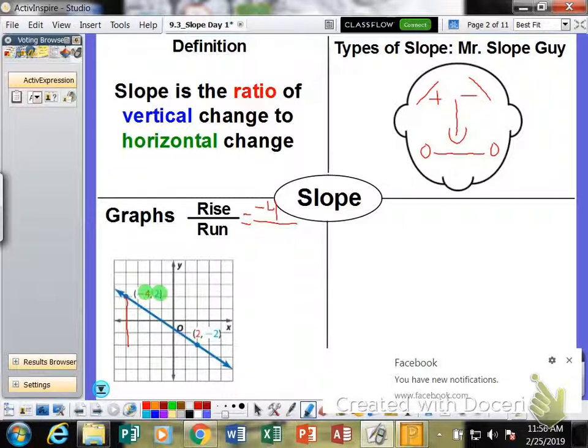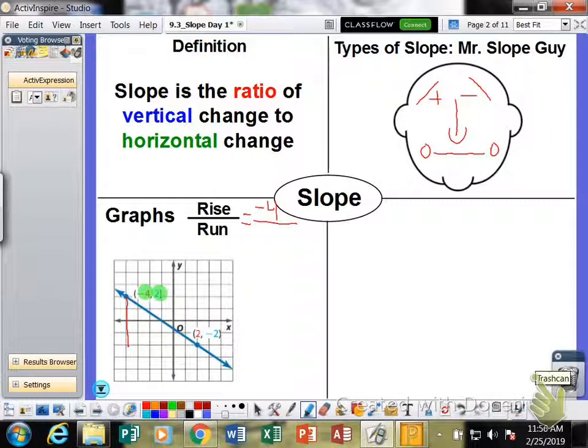And we want to go to 2, our x value of 2 in our second ordered pair. And we want to go along our x-axis here.